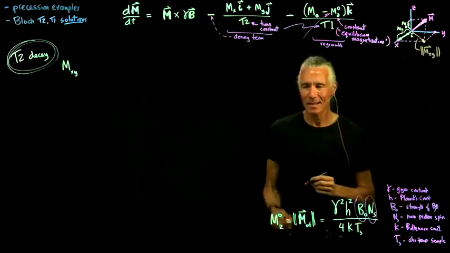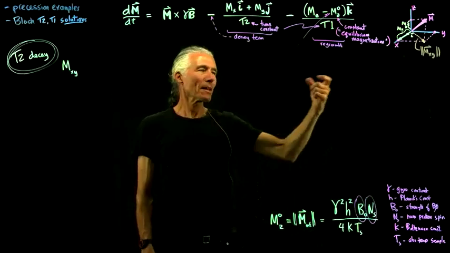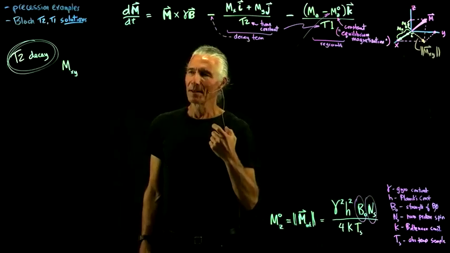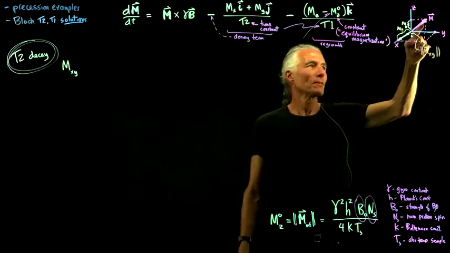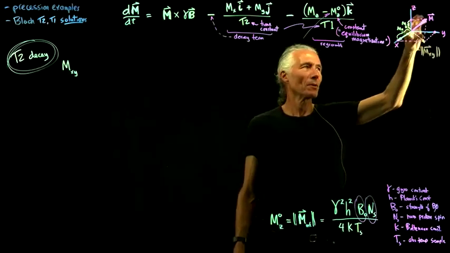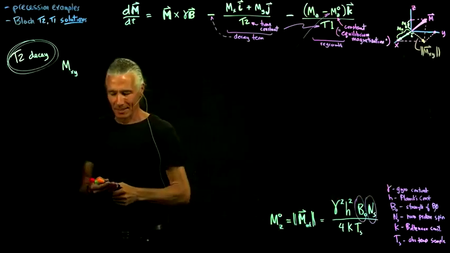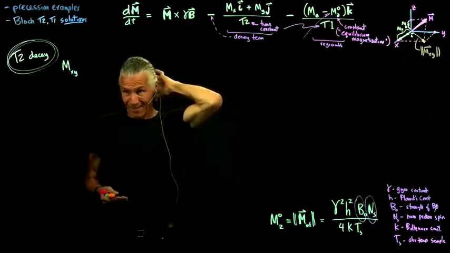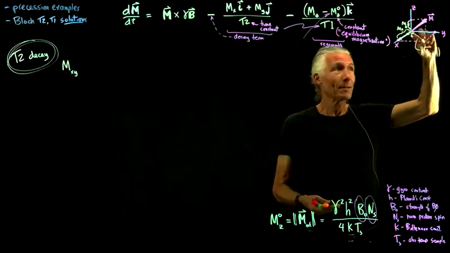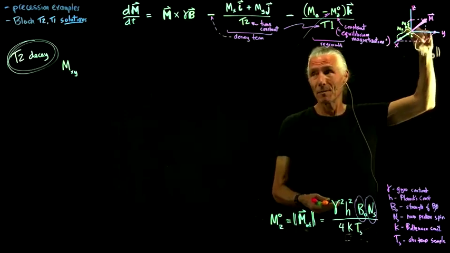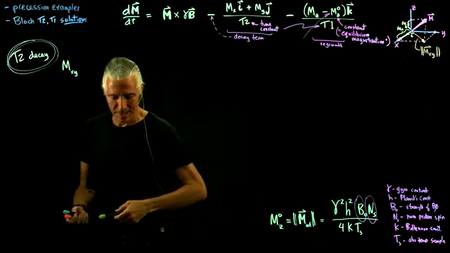So that's what the Mxy vector is: the length of the x and y component of the M vector. There's the M vector that has the z component; get rid of the z component and you just get the Mxy. We could think of it as a vector going out there, or we could just think of it as the length of that vector, which is not a vector, that's just a number. So that's what we're writing here.